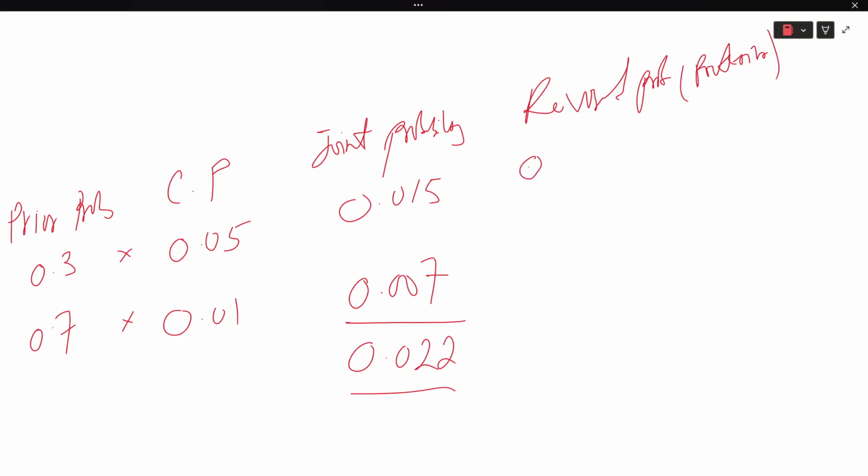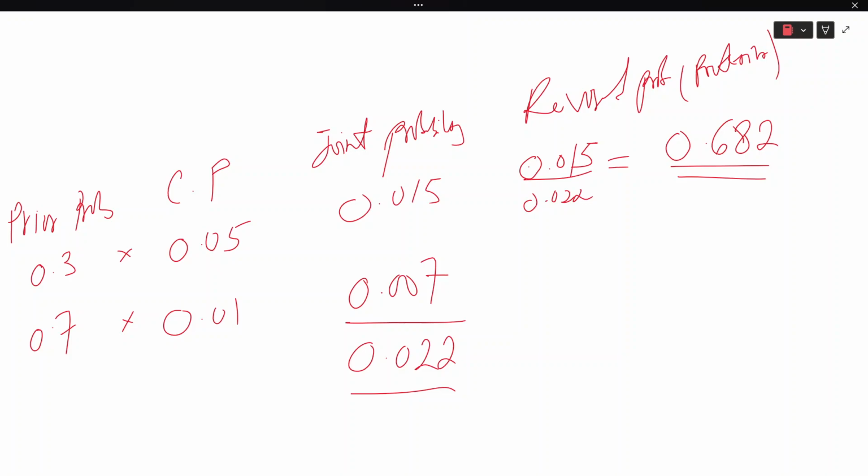The first joint is 0.015. Divide by the total, which is 0.015 divided by 0.022 gives 0.682. When you check with the previous one we did, you are getting the same answer.